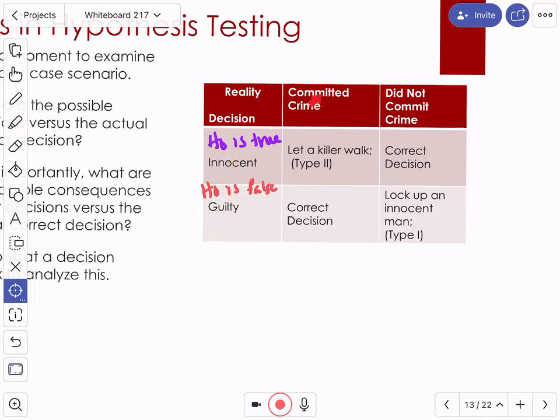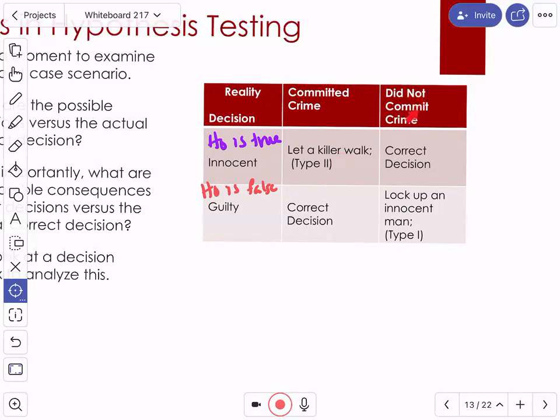Here's what happens. The person actually committed the crime and H0 is true. Y'all got that? If the person has committed the crime, they're the killer, and you found them innocent, you let a killer walk. That's known as a type 2 error.